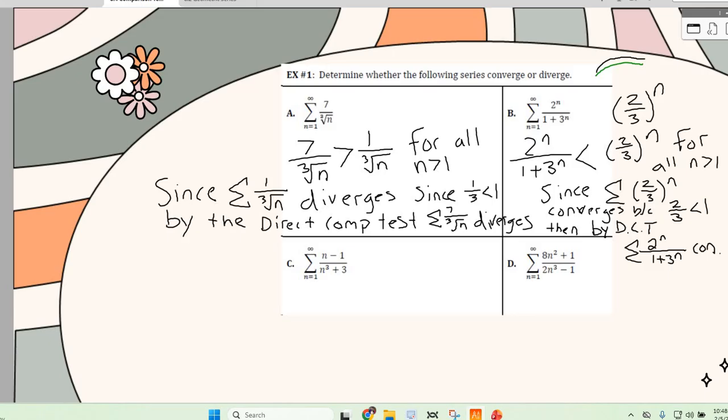So what did I end up doing for both A and B to figure out what I wanted to compare them to? What did we get rid of? A number, right? Just a constant. We ended up getting rid of constants. Okay. Do I have constants here? Yeah, okay. So if I just dropped those, alright?